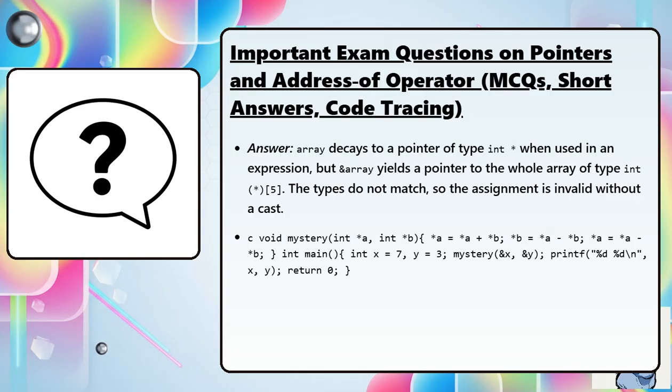void mystery(int *a, int *b) { *a = *a + *b; *b = *a - *b; *a = *a - *b; } int main() { int x = 7, y = 3; mystery(&x, &y); printf("%d %d\n", x, y); return 0; } What is printed?